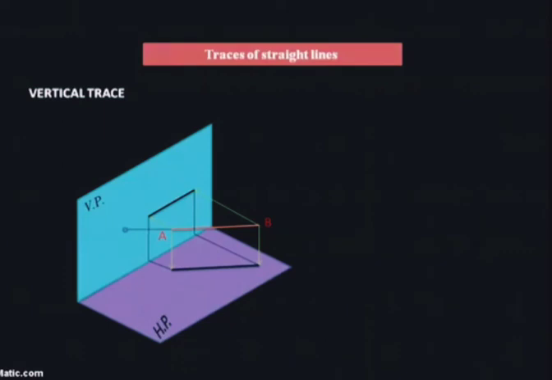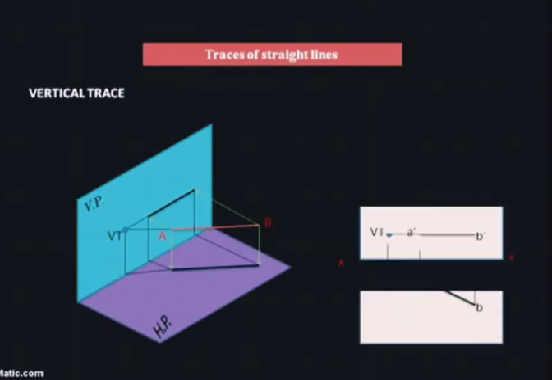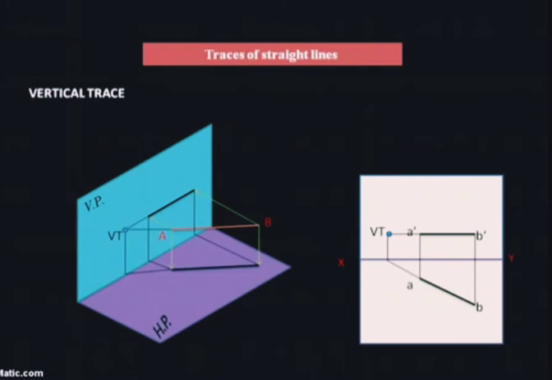For drawing purposes, we represent the construction lines. These are all construction lines. By using these construction lines only, we can construct the vertical trace on the drawing sheet. When we rotate the horizontal plane exactly straight to the vertical plane, we get the projections for a given straight line including the vertical trace also.